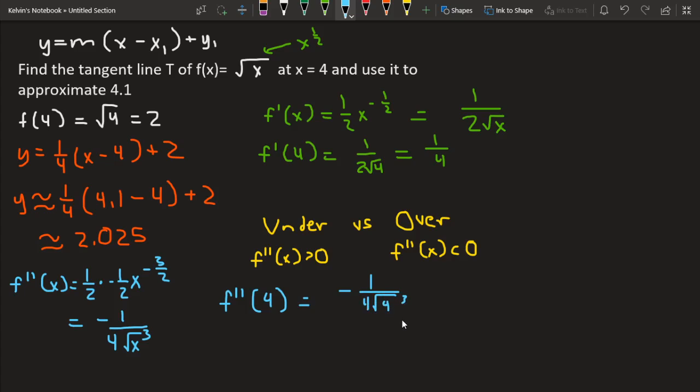Now, if you actually plug this into your calculator, which I advise you do because it's very important, you would get that this is equal to negative 1 over 32. Now, I'm not sure about you, but negative 1 over 32 is definitely less than 0. And because it is less than 0, this would be an over approximation. So, over approximation. Like so.